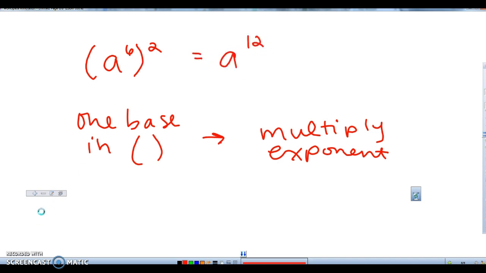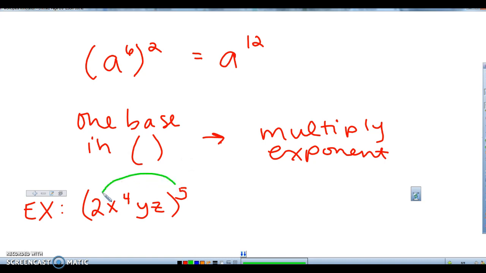Let's try another example of this. If I have (2x to the 4th, y, z) all raised to the 5th, so I have more than one base, but I can't combine the bases. But I'm raising all of it to the 5th. So try this one. Well, I should distribute this 5 to all the different parts.